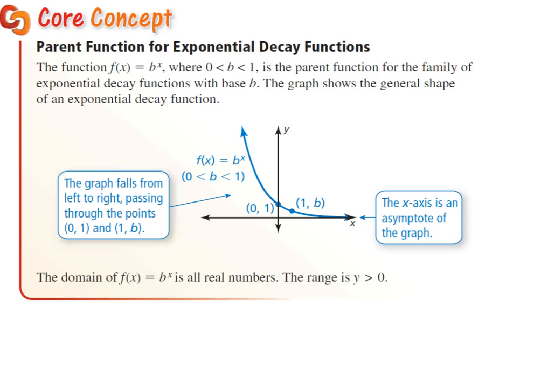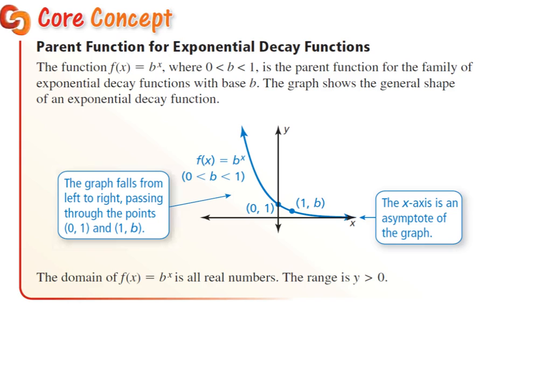For a decay function, it needs to be in between 0 and 1. For example, like I was telling you, if you were giving away half of your money and cutting it in half and in half and in half, then b would be 1/2. Because we were taking half of it and then half of it again and repeating that process.